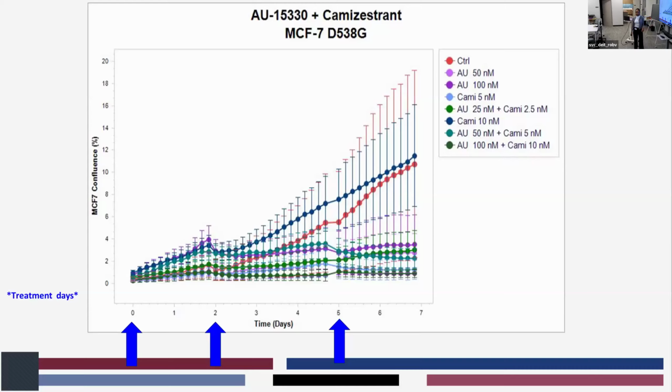Let me ask you this: if you said, okay, these are the doses we want to go forward, are there reasons why, despite the fact that in this assay in the lab the higher dose seemed better, you might choose an intermediate or a lower dose when you're treating either a mouse or patients?